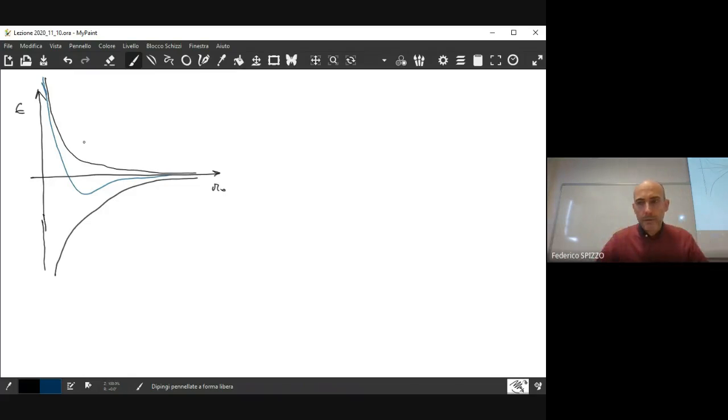The more you try to confine the electron, the larger will be the energy levels that you have. So if you increase the density too much, if the average distance between the electrons is very small, then the dominating term is the kinetic due to the localization of the electron.